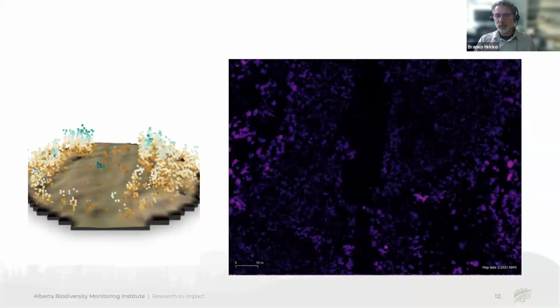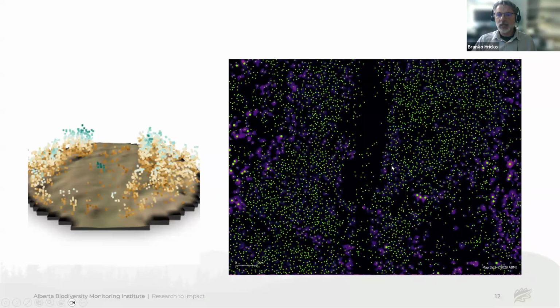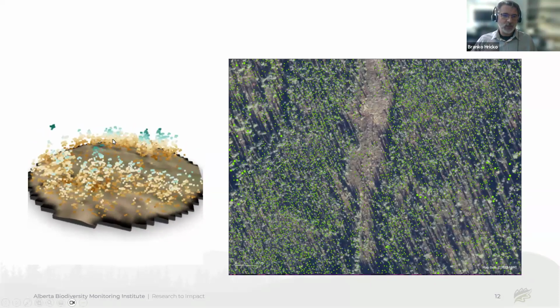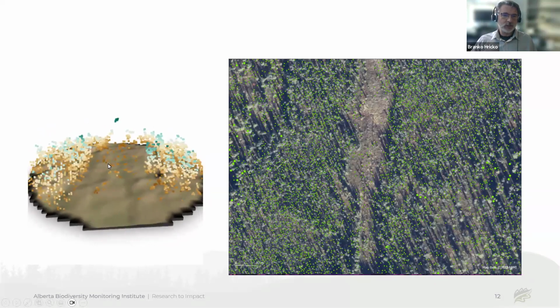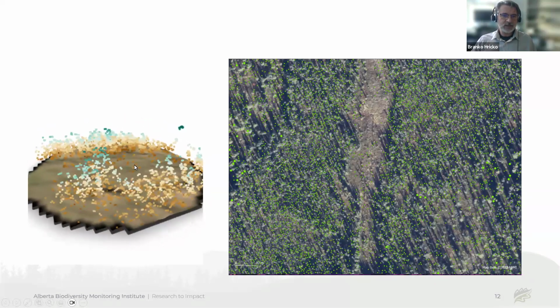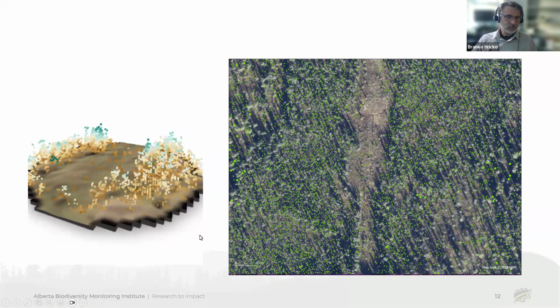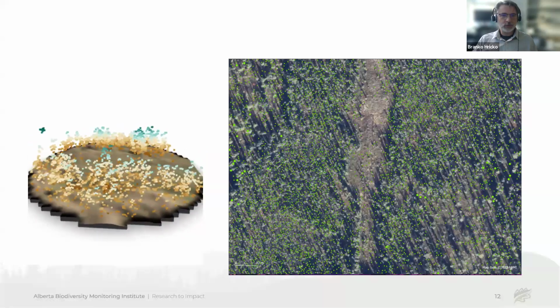When we look at canopy height model, there are not many signs of vegetation directly on the seismic line, although the algorithm itself can pick up some points that are considered to be individual trees or individual clusters of shrubs. When we look at the 3D plot on the left side, you can see the density of those points of the vegetation and the geometrical shape of those cluster points.